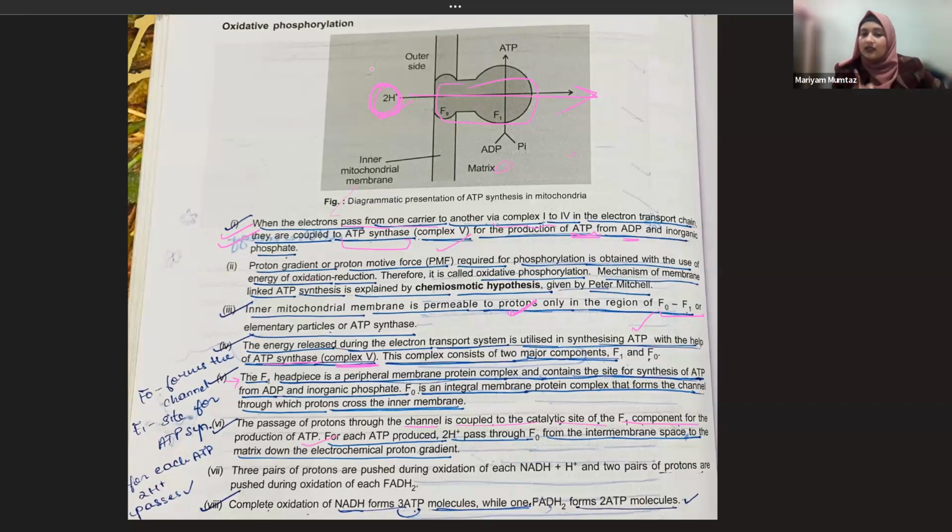For each ATP produced, 2 H plus, meaning 2 protons, pass through the F0, meaning from the F0 it goes to the F1, and then ATP will be synthesized. What happened? Tell me.